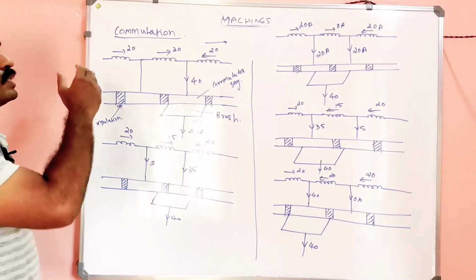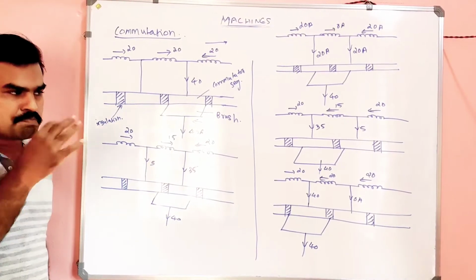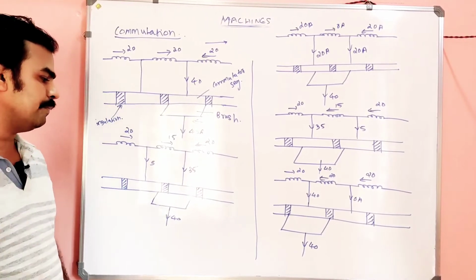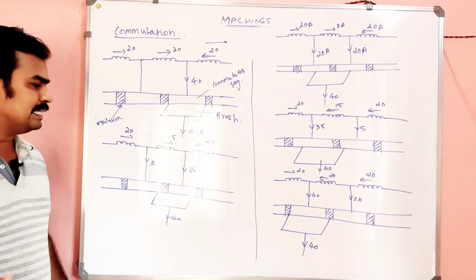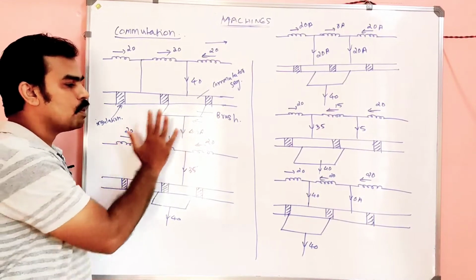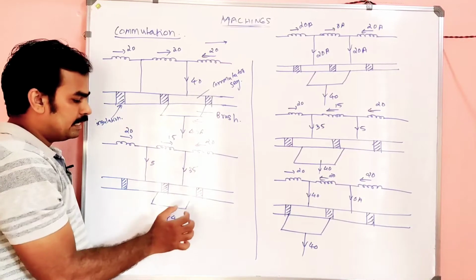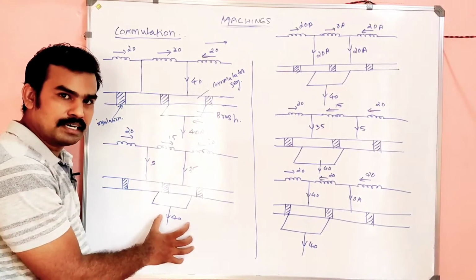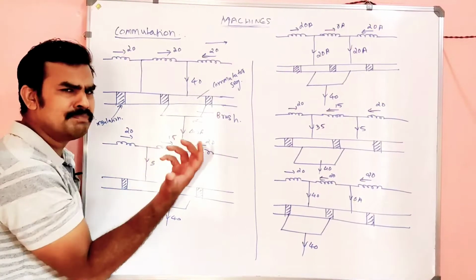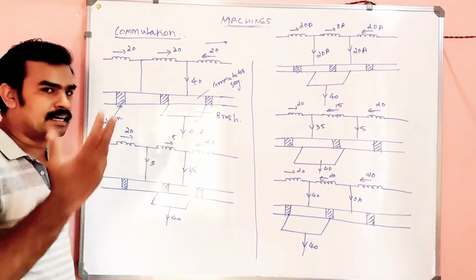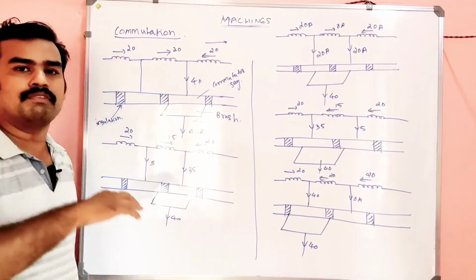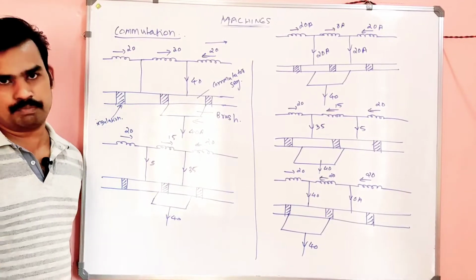So commutation is the process in which, even though there is a change in the current in the coil, there will always be some fixed current, let it be 40 ampere, available at the output side.